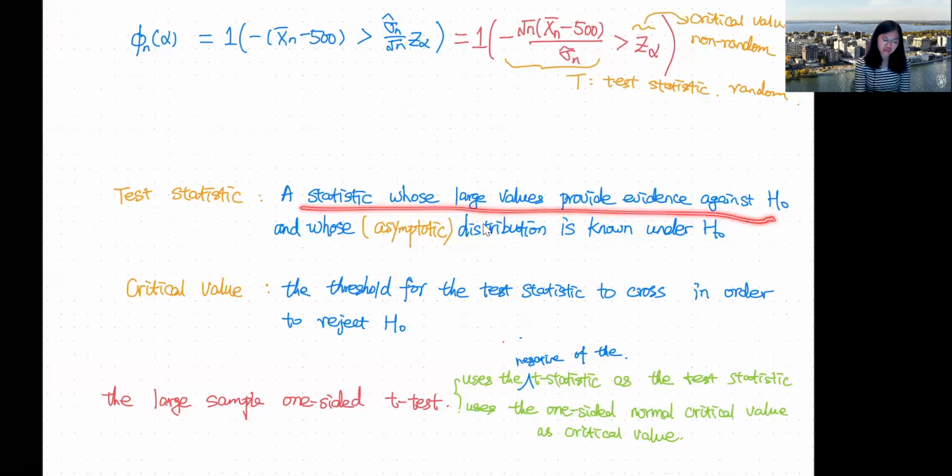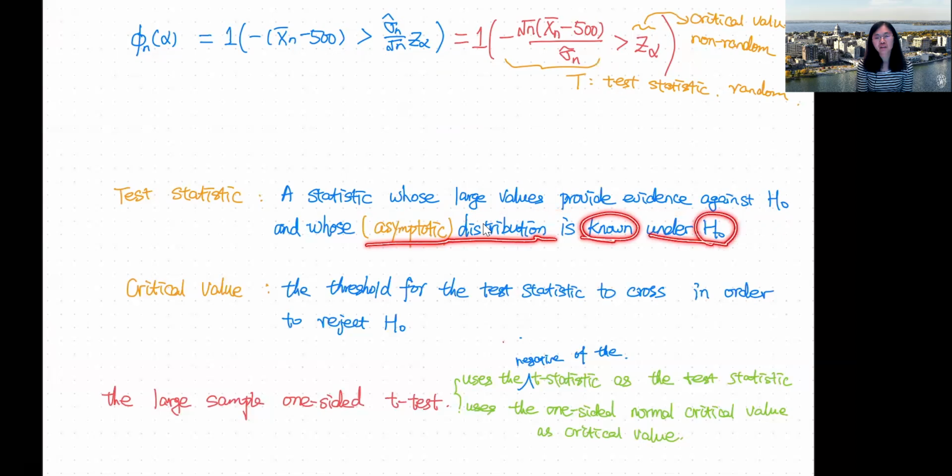The second requirement is that the asymptotic distribution of the test statistic should be known if we assume the null hypothesis is true. So the distribution or asymptotic distribution of the test statistic should be known under the null hypothesis.